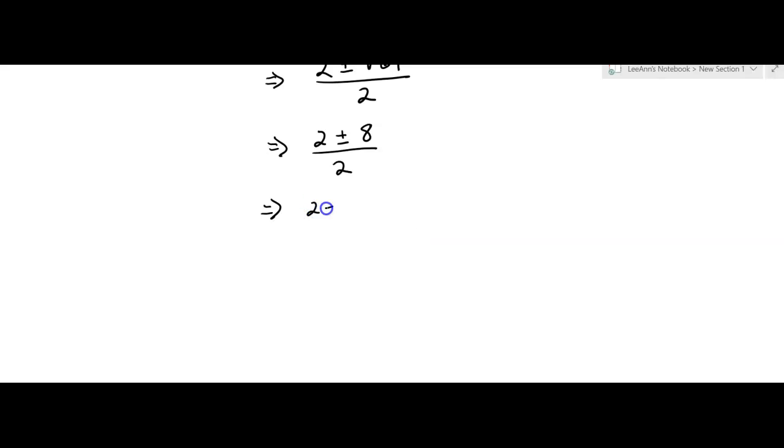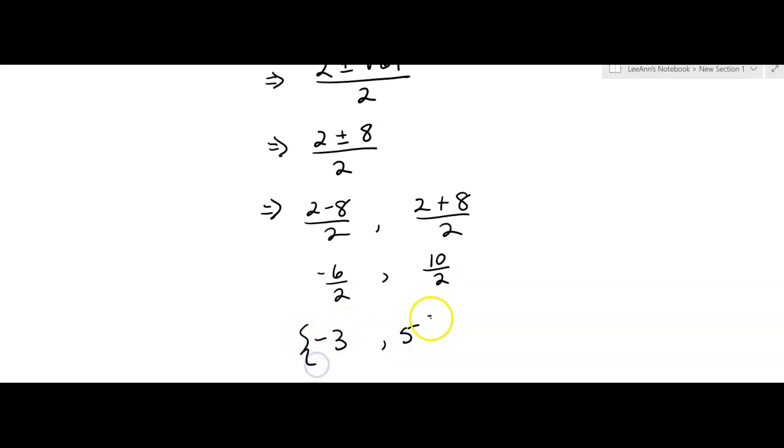So I have 2 minus 8 over 2 and 2 plus 8 over 2. 2 minus 8 is -6 over 2, which is -3. There's one answer. 2 plus 8 is 10 over 2, which is 5. And then those are going to be the 2 answers. We were solving for a, so a equals -3 and 5.